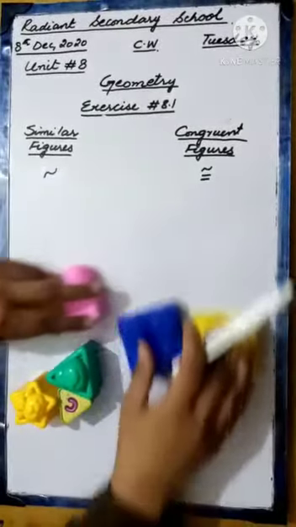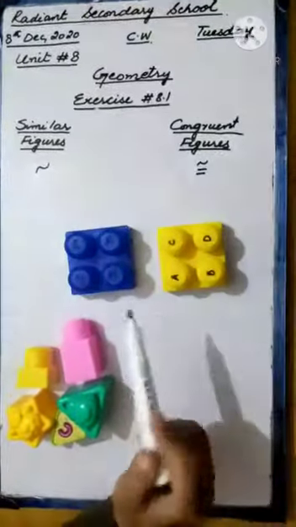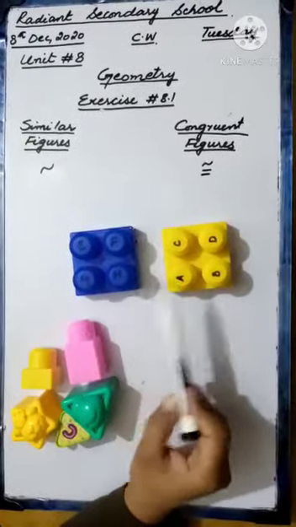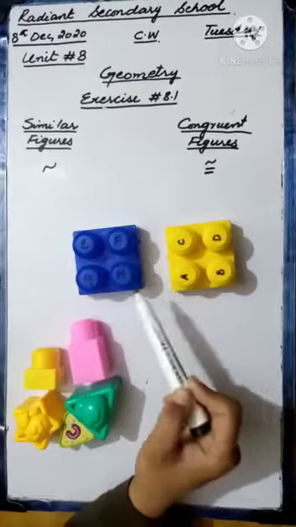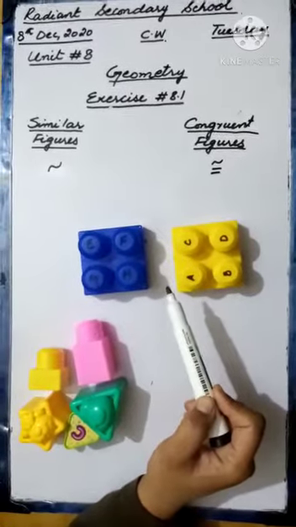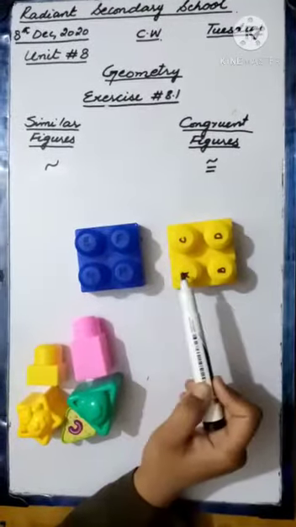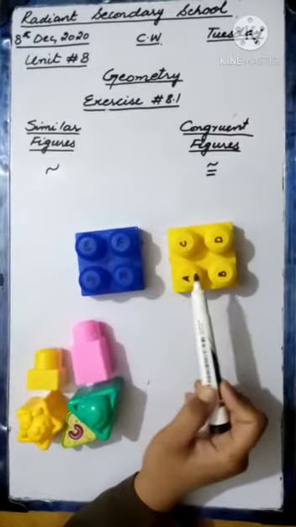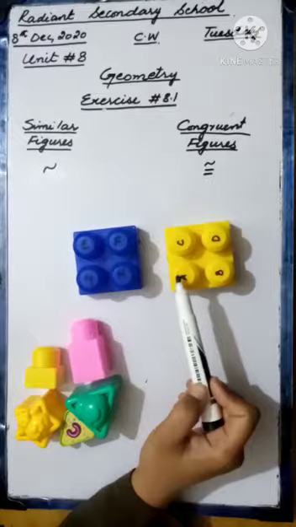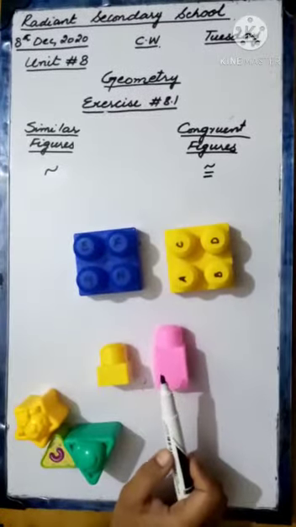But if we take this example, you can see that these two are similar as well as congruent, so we will say that these two are congruent figures, right? Means their size and shape are the same. It means every congruent figure is also similar, but every similar figure is not congruent.